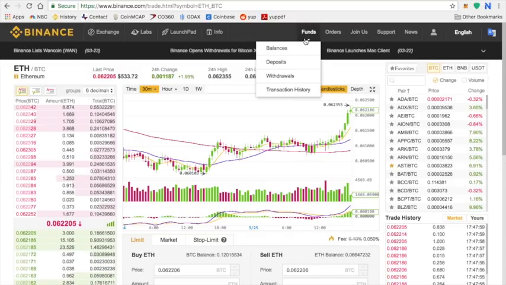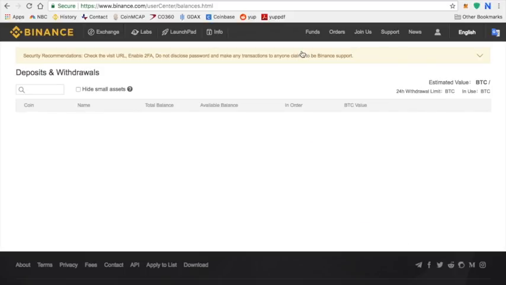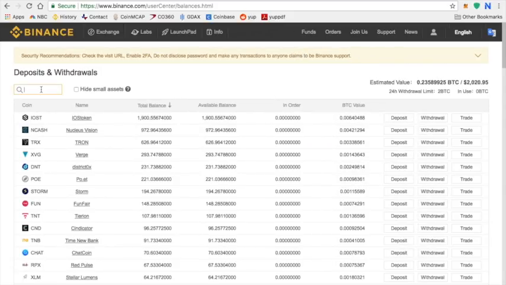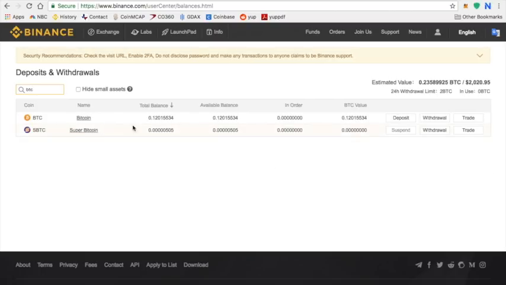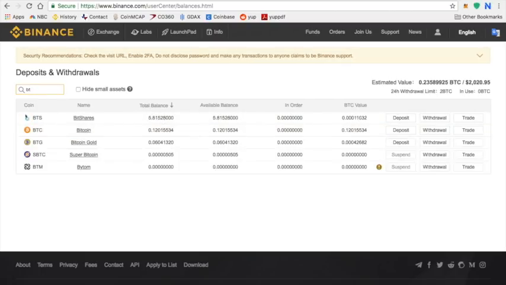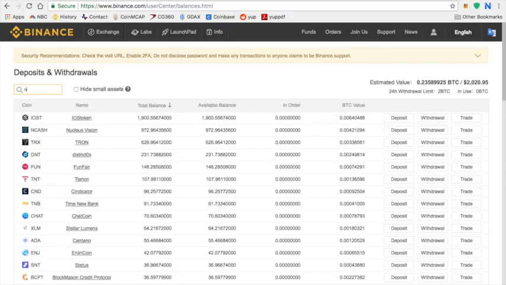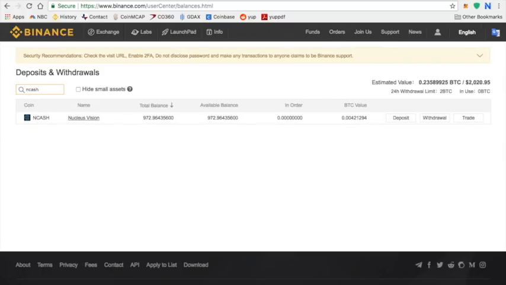So what do I do next after I have my money in Binance? I go to funds, then balances. And when I click on BTC, I see the money's come in. So now let's exchange it for Nucleus Vision. The ticker for Nucleus Vision is NCASH.